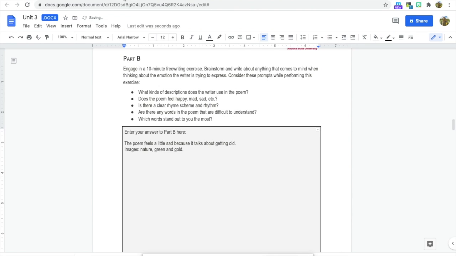So I can see an example of figurative language. What type of figurative language? It says that it is personification. Why? Because the author refers to nature as her and gives her human qualities.